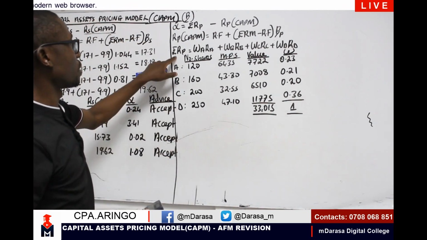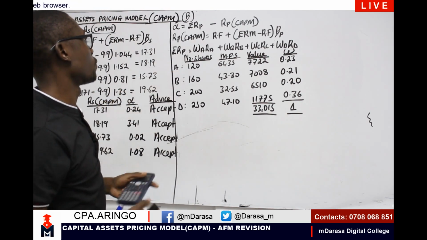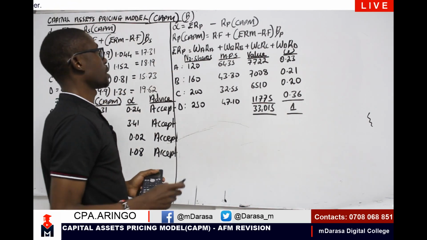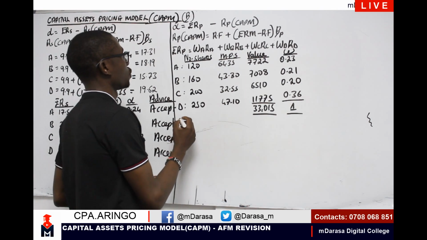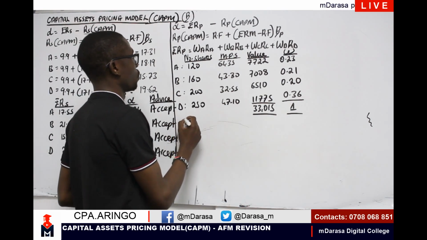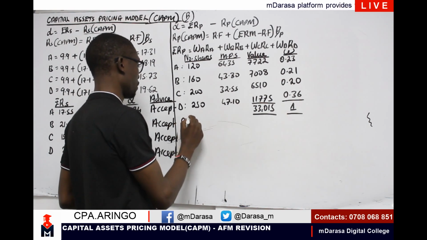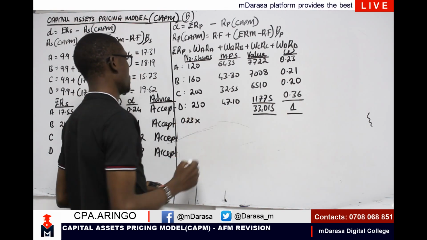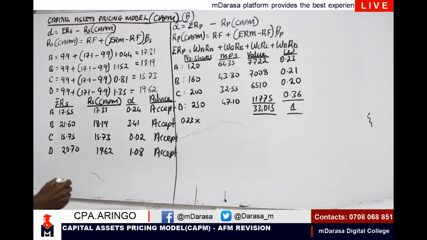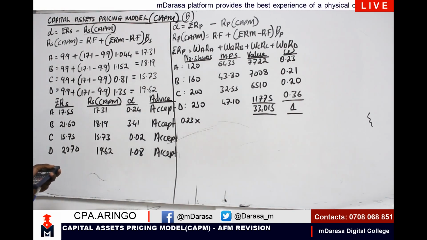We just need to determine the expected return of our portfolio. So to determine it, I should be talking of our weight of A, which is 0.23, times the return of A. What did you have as our return of A?